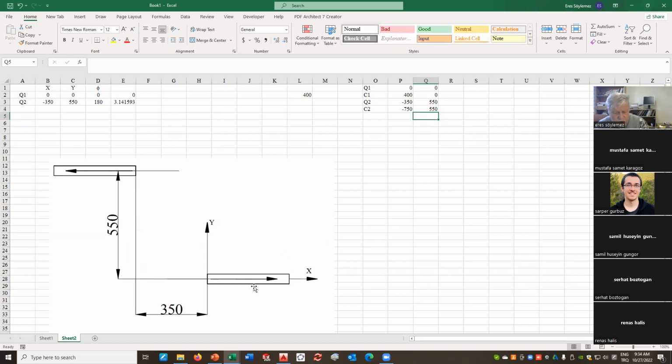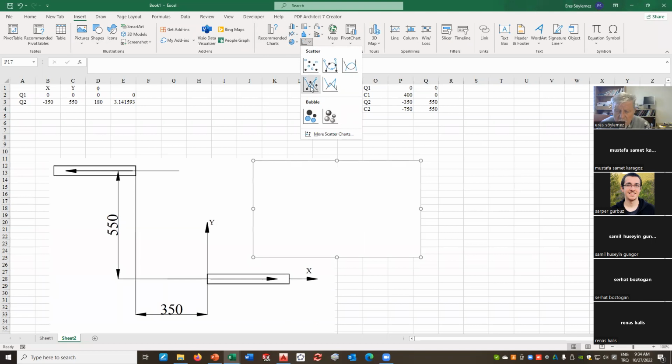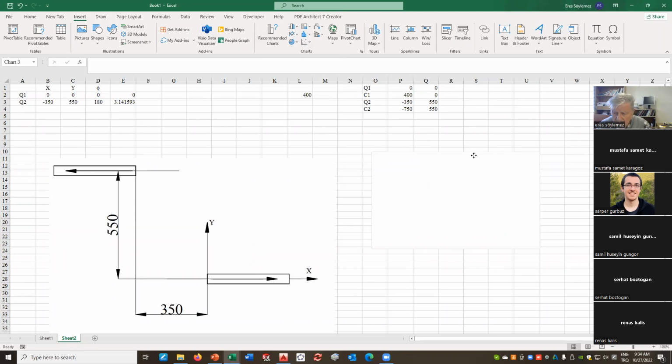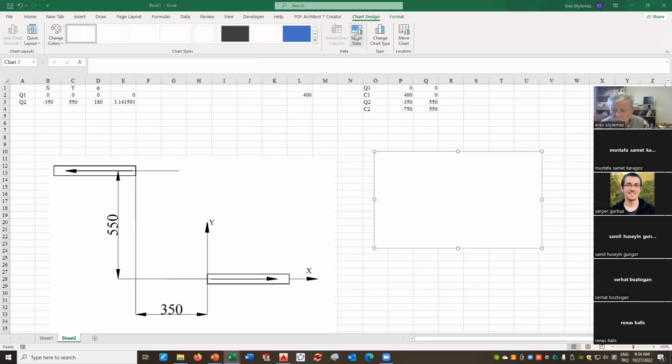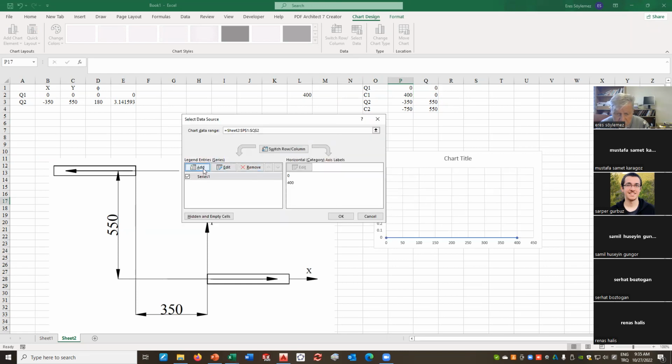I have selected 2 points on this line and determined its location. So first, let me insert, add X, these two, Y, these two, add.